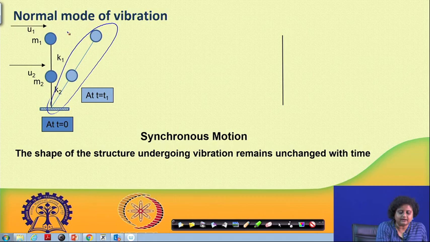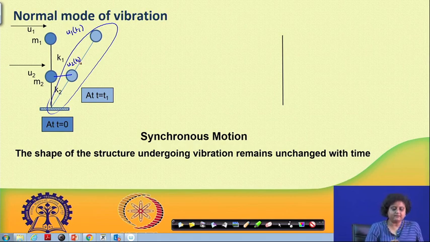This distance is nothing but u1(t1) and this distance is nothing but u2(t1). Let me repeat that this light blue figure shows the displaced position of the 2 degree of freedom system at time instant t1 under normal mode of vibration, which for the time being let us assume is a special case of vibration.